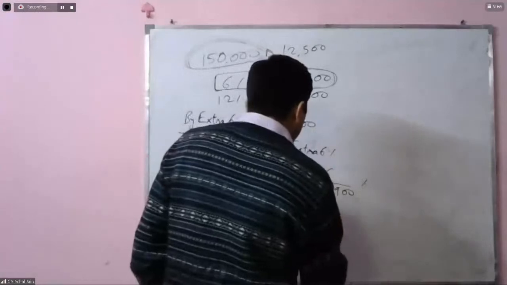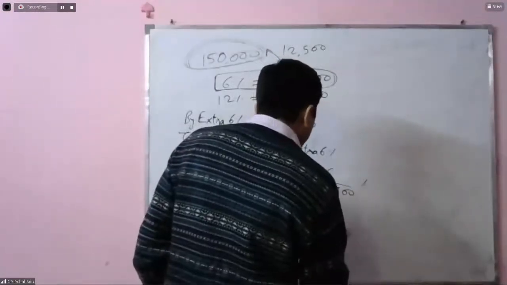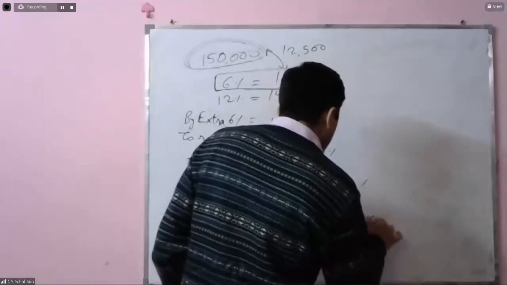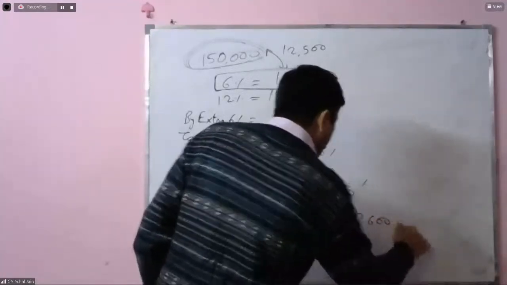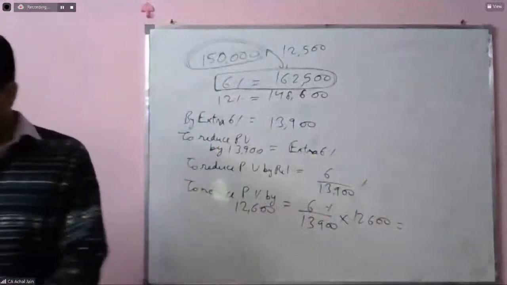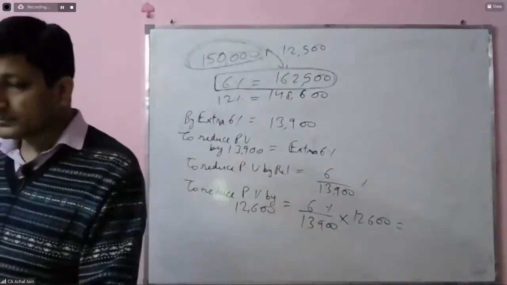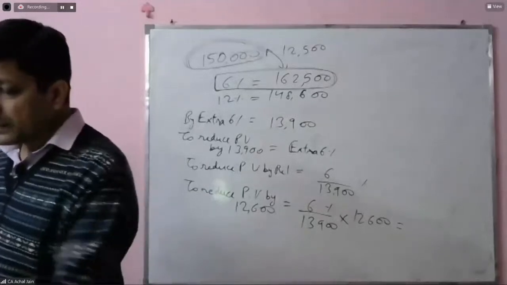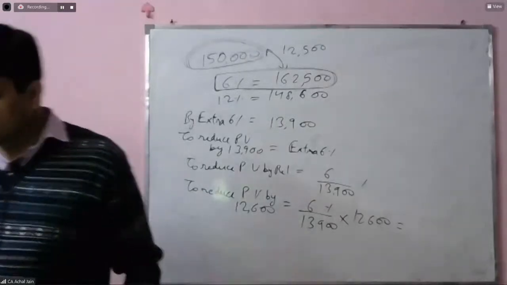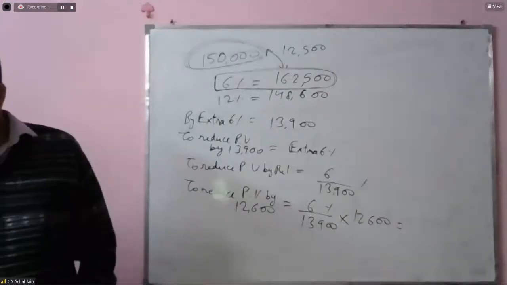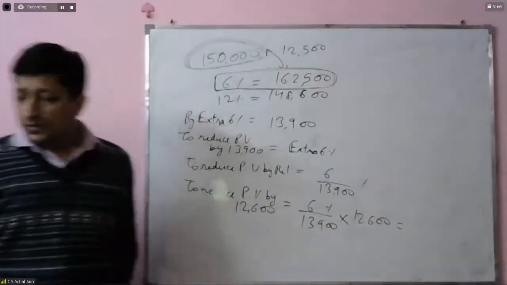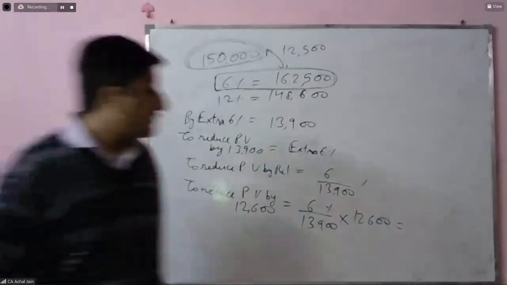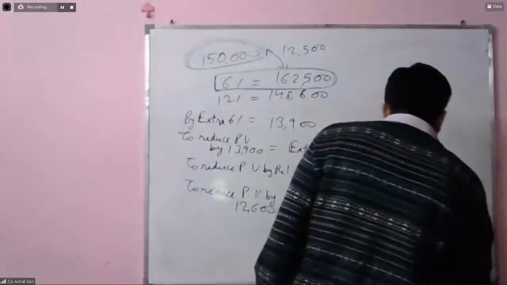So what will be the rate? 6 divided by 13,900 into 12,600. Can you compute and let me know the number that you are getting? 5.395%.